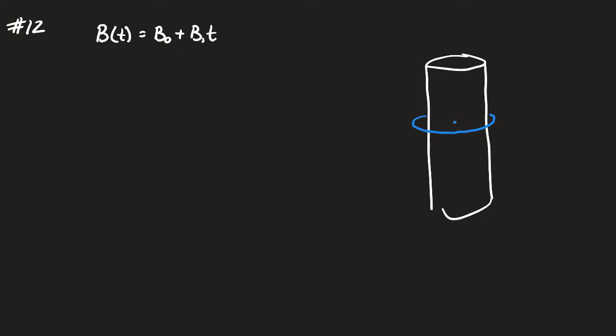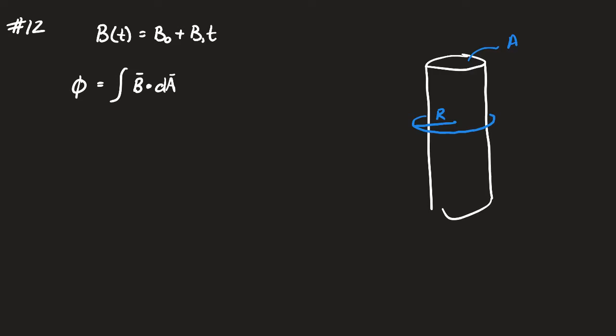And I have this value r here that represents the radius to this loop that I've drawn, and I'm going to use a loop for my Faraday's law to calculate flux, but there's a cross-sectional area A for the cylinder. So starting with my calculation of flux is going to be the integral of B dot dA.